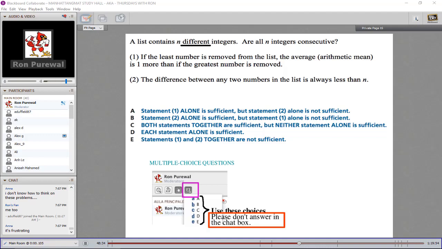The yes to this question is they're all consecutive. And the no to this question is they're not all consecutive. So if you can make both of these happen, then it's not sufficient. Smiley face if that makes sense.